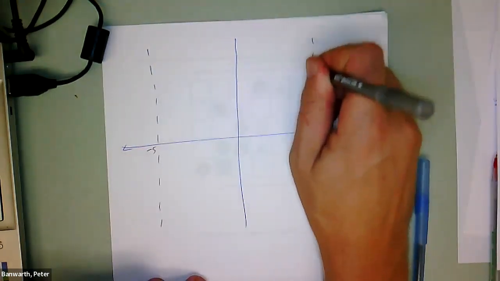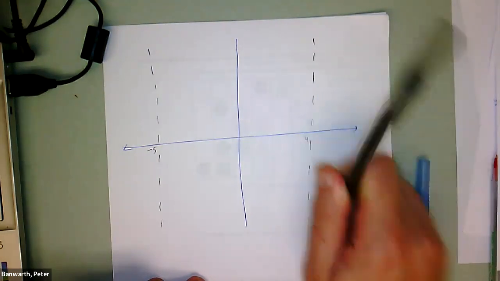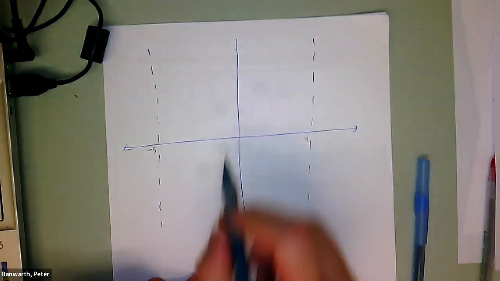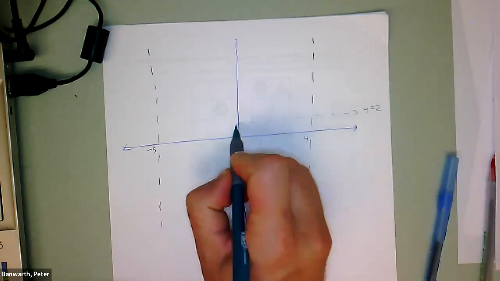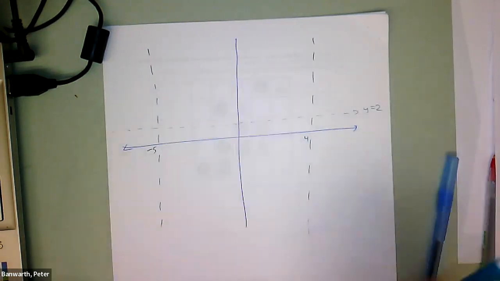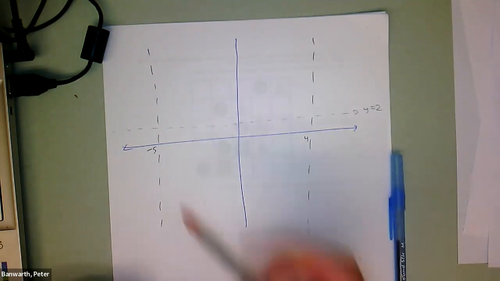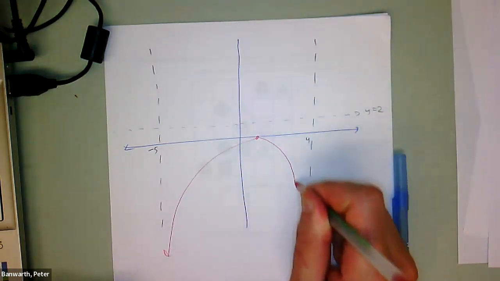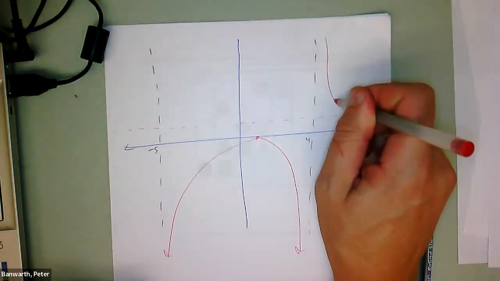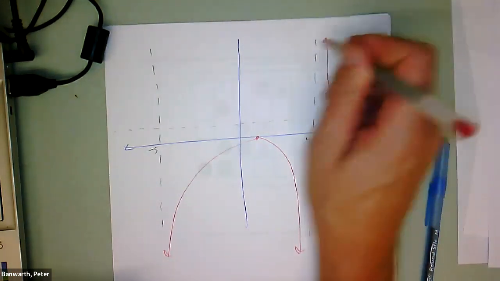There's -5. There's 4. There is a horizontal asymptote at y equals 2. That's what I had messed up from what I drew earlier. So this is coming down towards y equals 2.